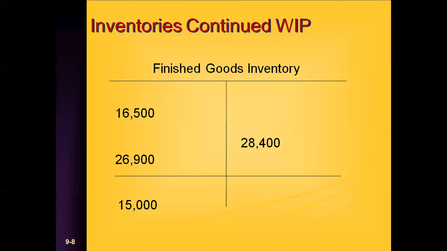As products are sold, you would have a credit and a decrease, and that would be, in essence, another term you're familiar with, cost of goods sold. Therefore, the balance of this account would be $15,000. So you have your raw materials or direct materials, you have your WIP, work in process, and then you have your finished goods inventory.